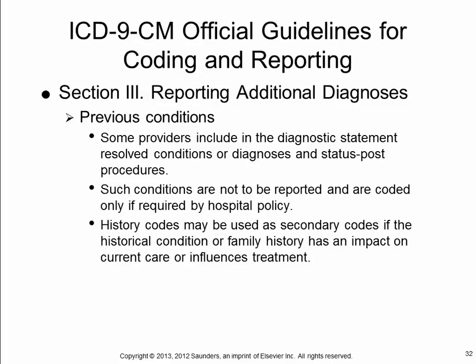Let's say somebody has a history or there is a family history, and many times you will see this. Here's the best example I can think of: breast cancer. Family history of breast cancer, and we'll see this a lot. Let's say we have a patient that comes in and there is a family history of breast cancer, and it does have bearing on this case.